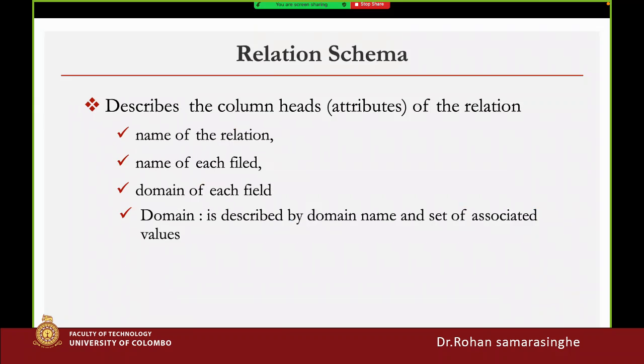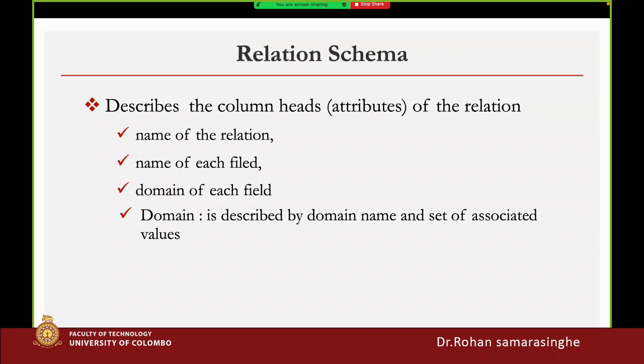Let's see the relation schema. The schema describes the column heads, that is the attributes of a relation, the name of the relation, the name of each field, that is the attribute, and the domain of each field, which is described by the domain name and the set of associated values.